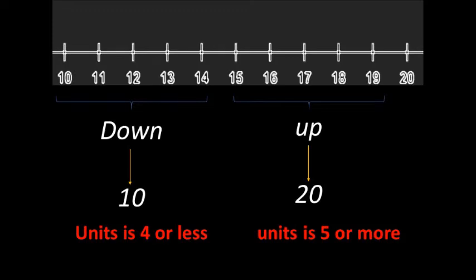Next group, units is 5 or more: 15, 16, 17, 18, close to 20. We call them the up group or 5 or more. Why 20? Because these digits come to be 10 and I originally have a 10, so it will come to be 20.